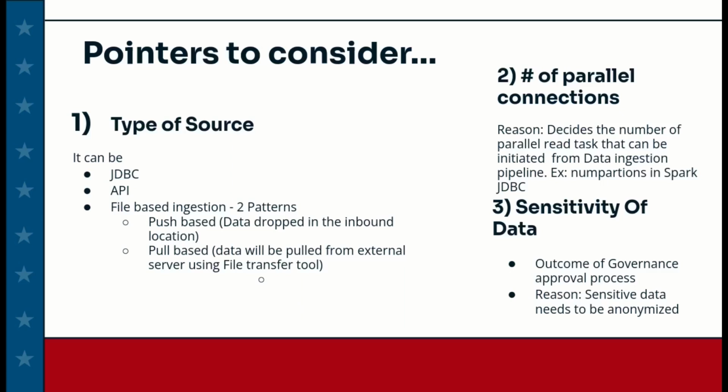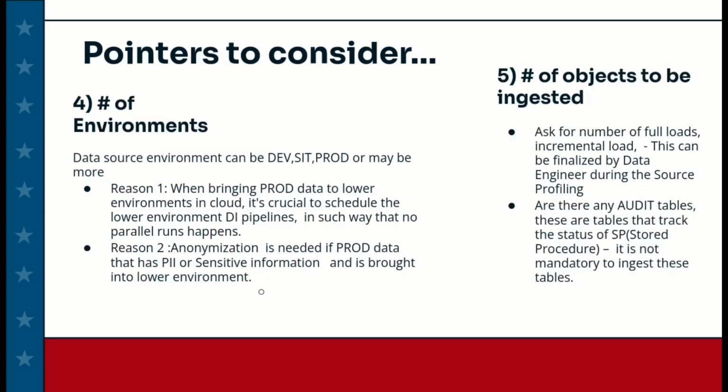The outcome of this governance process is basically the classification of data based on its sensitivity. So the objects or the tables under these sources are classified based on this sensitivity in various tiers. A highly sensitive data needs to be anonymized. That's the point here.